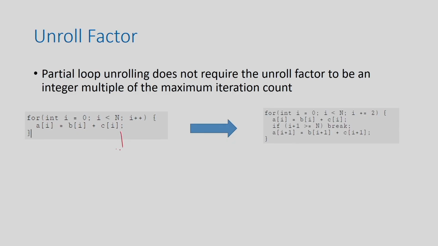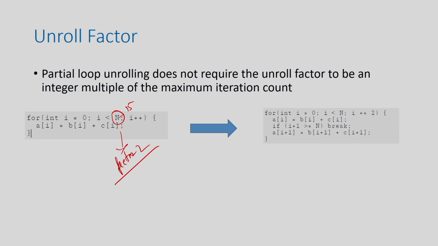One more small but important factor: sometimes I want to put an unroll factor which does not exactly divide the loop bound. Suppose this is 15 and I put an unroll factor equal to 2. That means I am not able to split these iterations evenly, because 15 is not divisible by 2.